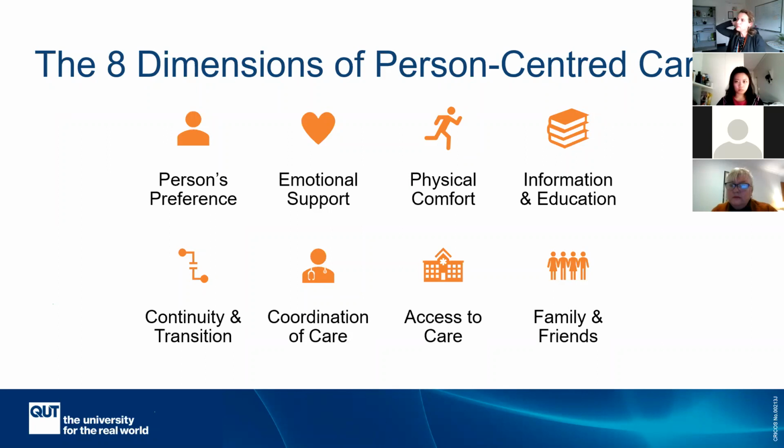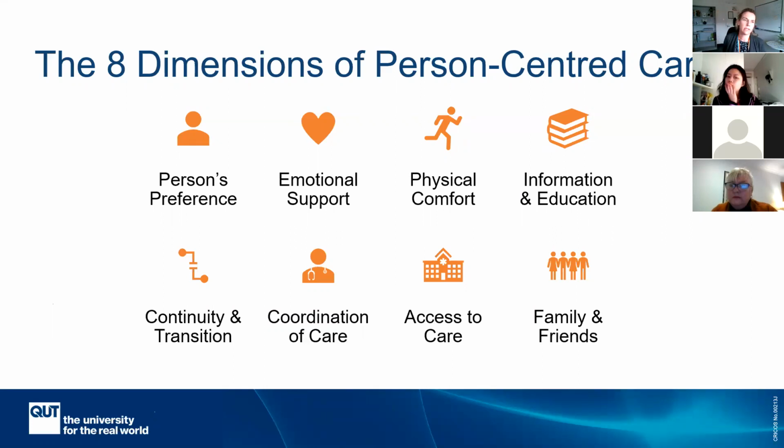So if anyone's reflecting at the moment, I would encourage you to pop into the chat if you think that you already do a bunch of that stuff in your practice, or if you've seen examples of that sort of stuff being done well. In your practice setting, for example, how would you incorporate personal preferences, or how would you provide emotional support?